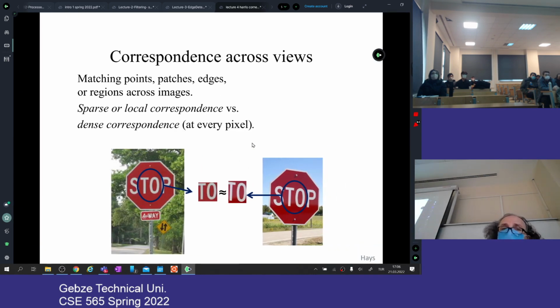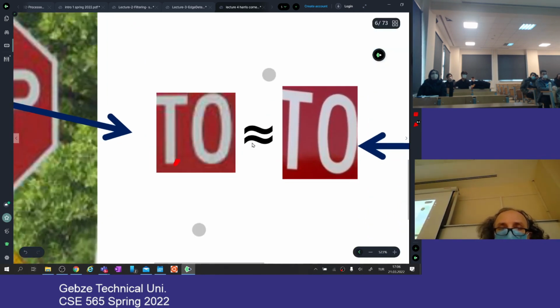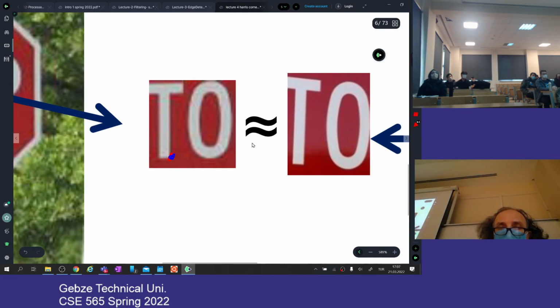Why do we need to find the corners? If you find the corners in an image, for example, this is a corner, this is blue, corner point, corner point, corner point. These are corner points, and sometimes these are considered corner points too. Using these corner points, I can match these two images.